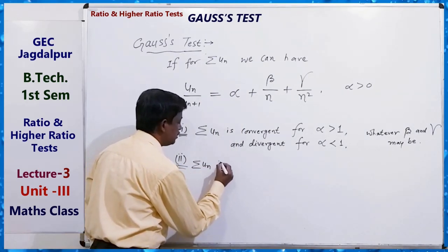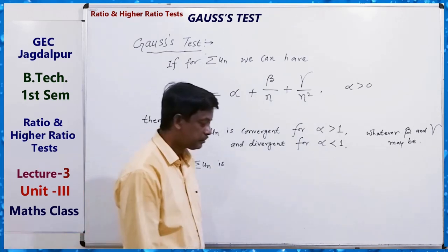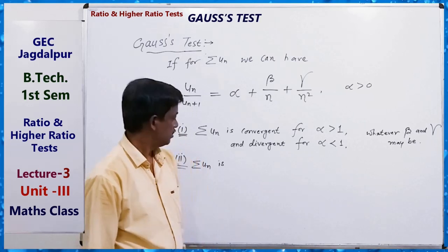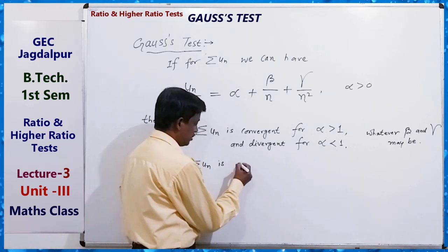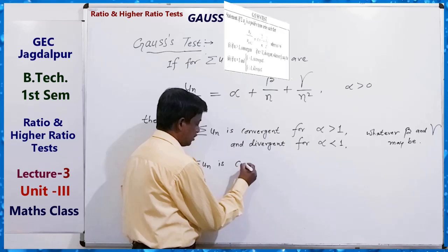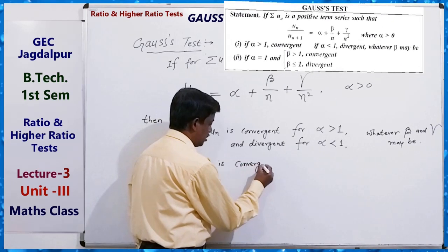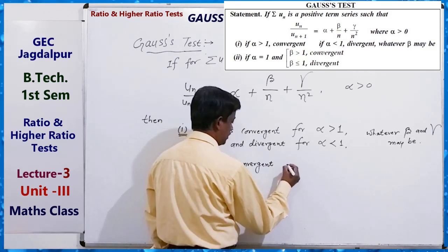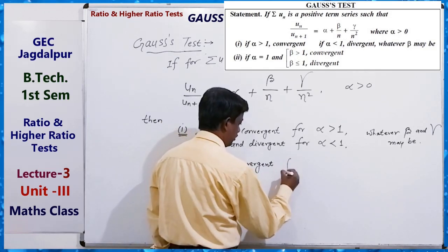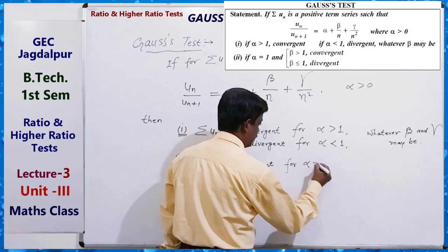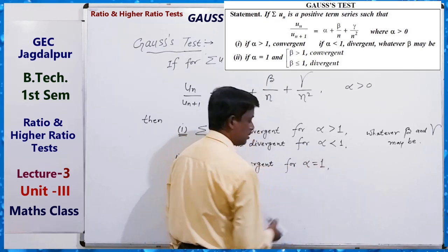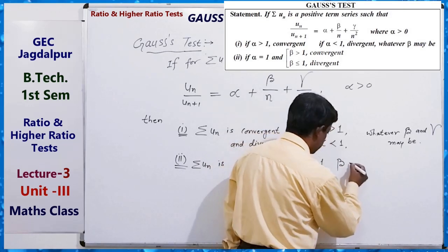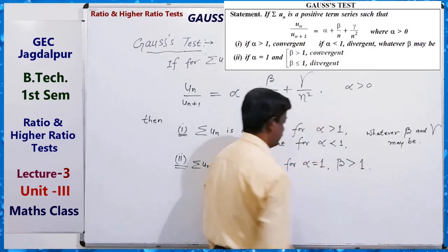And second, the series is convergent for alpha equal to 1 and beta greater than 1.